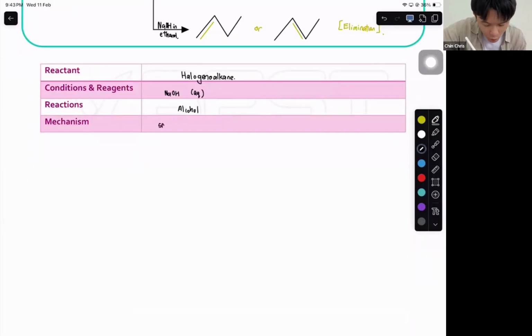This is SN1 or SN2. But if I take NaOH in ethanol, it's a different story now. I'll get an alkene and an elimination reaction. That's it.